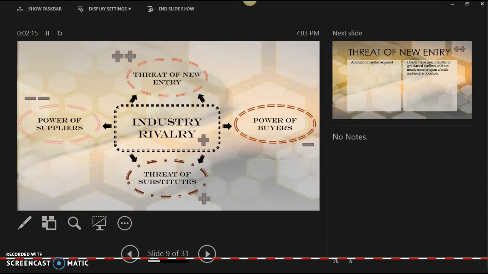Here I just put how influential they were to the business. For the threat of new entry, I said there's a pretty high risk. Threat of substitutes, there's a high risk. Industry rivalry, high risk. Power of buyers, low risk. And power of suppliers, I said, very low risk.